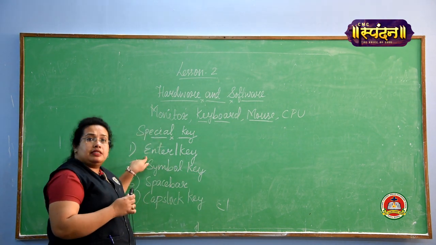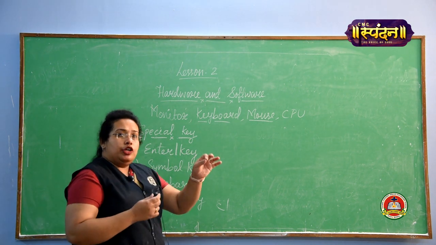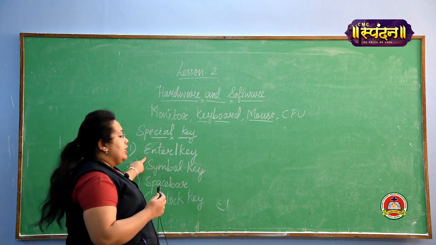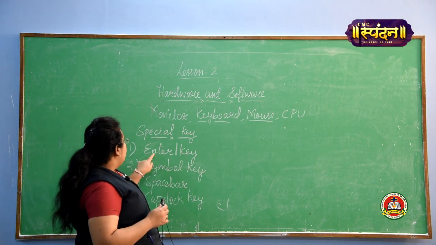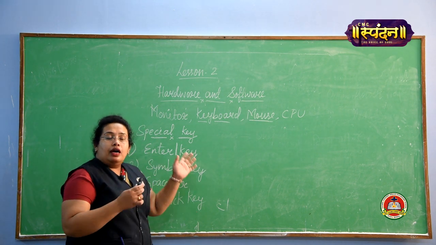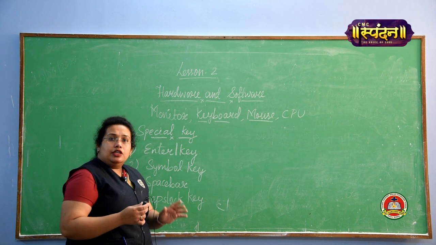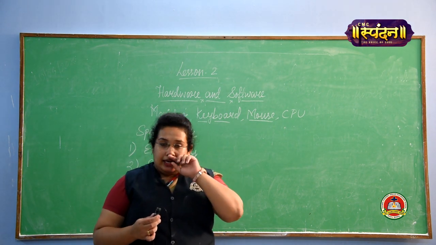If you want to type a capital E, you press the caps lock key on the keyboard, and when you press E, the letter will come in capital. After that, if you want to type in small letters, press the caps lock key again. When you type the letter N, it will come in small letter.